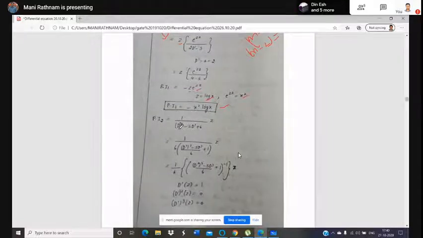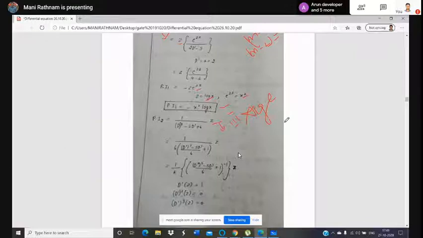PI2 equal to 1 by D dash square minus 5 D dash plus 6 of z. Here the function is of type 3. That is the function we call algebraic. Normally not only x, here z square, z cube, or any polynomial expression in the variable is algebraic.